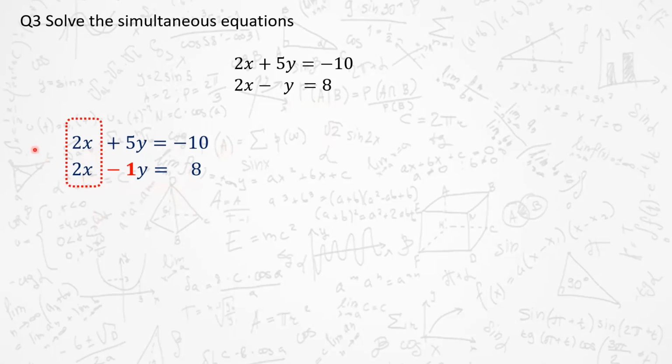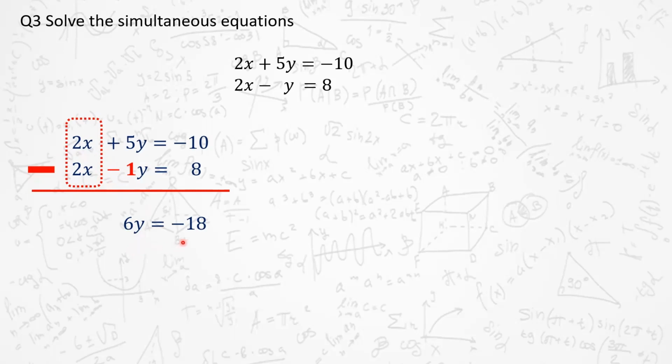Therefore, we need to use the top equation take away the bottom equation. 2x take away 2x is nothing. 5y minus negative 1y gives me 6y. So I repeat, 5 minus negative 1 is 5 plus 1, which is 6.